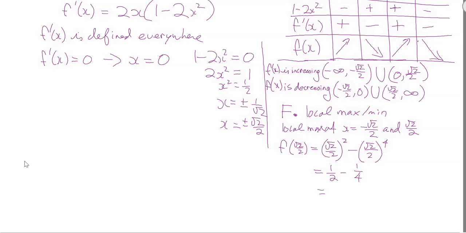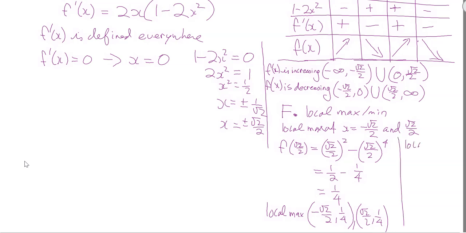So that will be half minus quarter, which is 1/4. Okay, so let's say local max at negative root 2 over 2, 1/4, and root 2 over 2, 1/4.